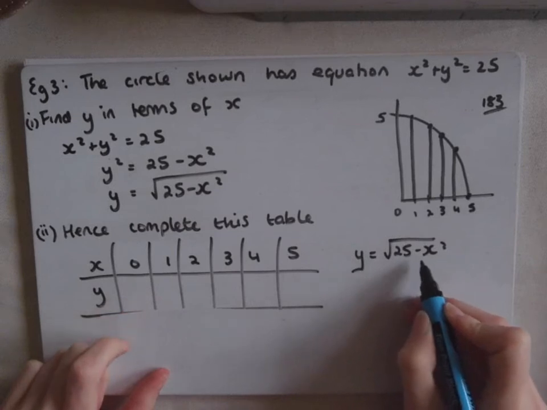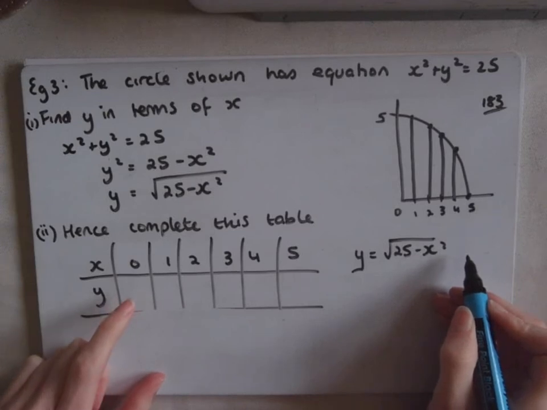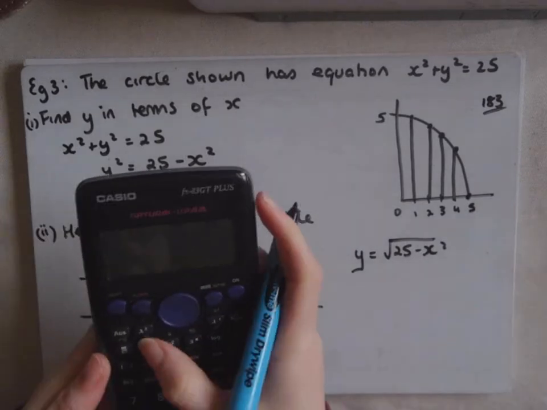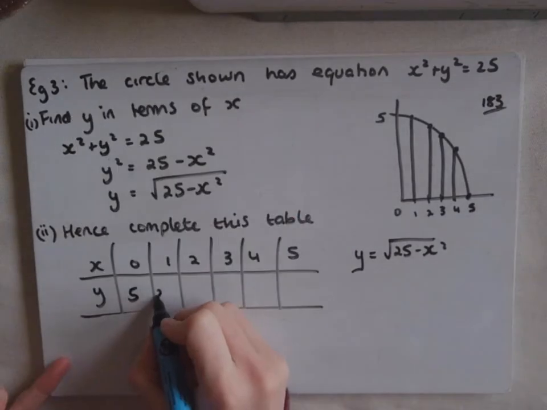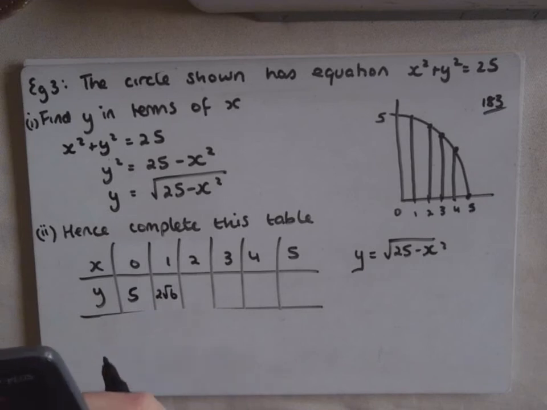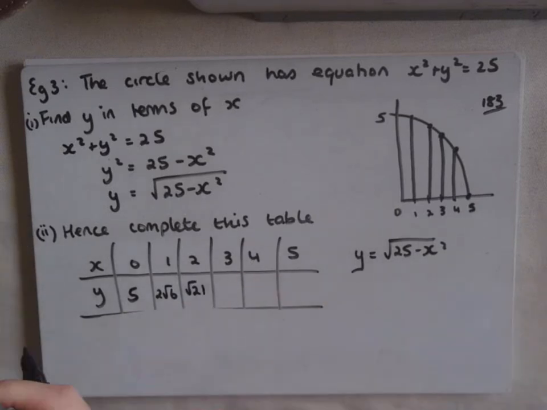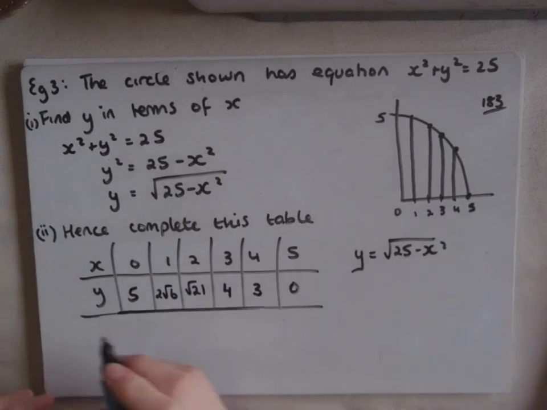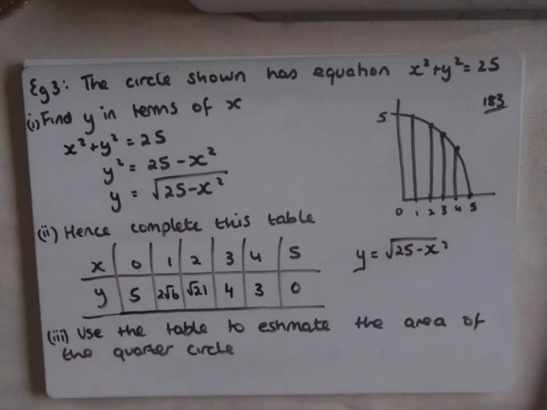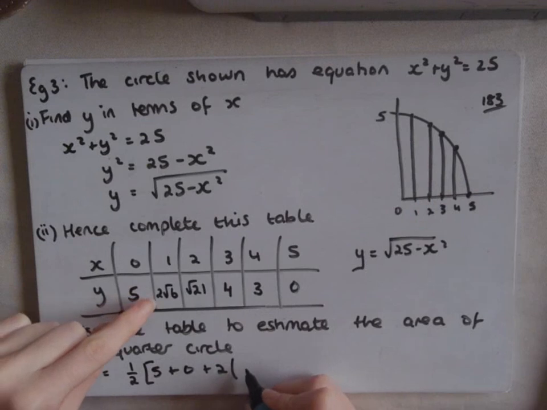Y is the square root of 25 minus 1 squared, then 25 minus 2 squared, so that's 25 minus 4, so the square root of 21, which just stays as the square root of 21, 25 minus 9, okay, which is your root 16 which is 4, 25 minus 16, and then 25 minus 25. So you're literally just filling in 0, 1, 2, 3, 4 and 5 to get your y values.